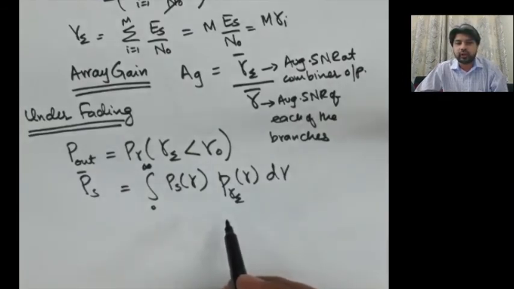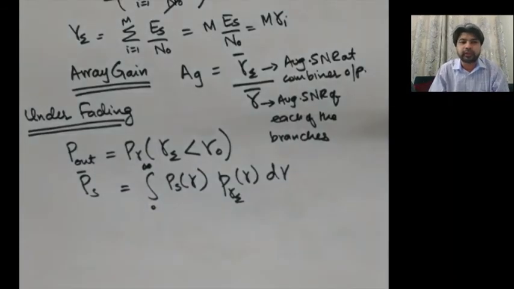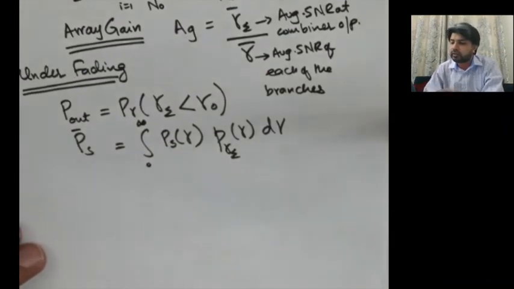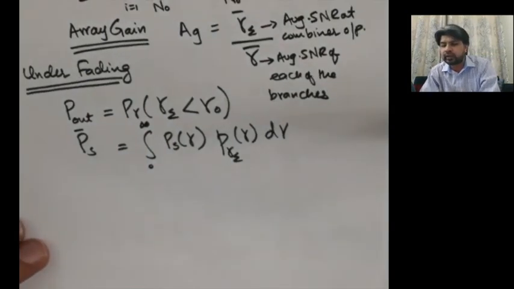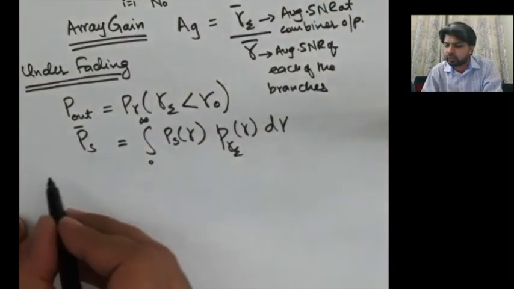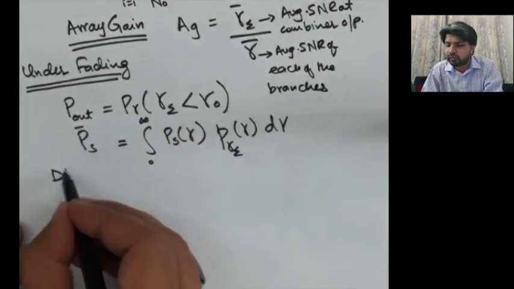So that is how you would measure the average symbol error probability, and whether or not you get an improvement in the average symbol error probability or outage probability after you have combined your received signals in this manner. There are two gains that you typically talk about. One is the array gain that you get in the average signal to noise ratio, and another gain which you would talk about a lot is the diversity gain.